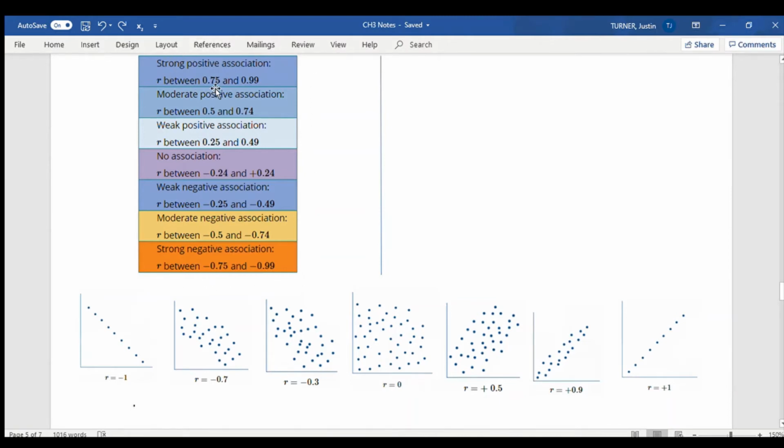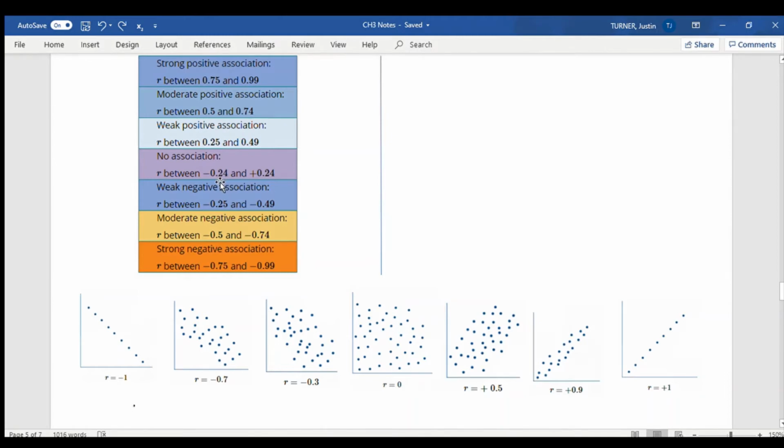So if R is between 0.75 and 0.99, we've got a strong positive association. So this one down here would be defined as strong positive. Moderate is between 0.5 and 0.74. So we would name this one as moderate positive. R is 0, so there's no association here.